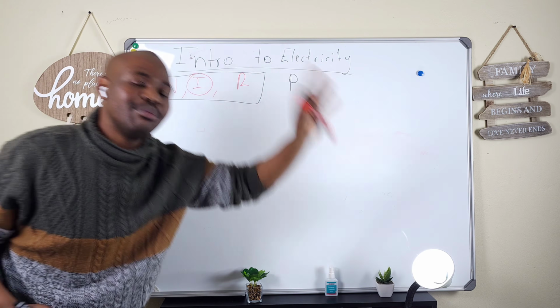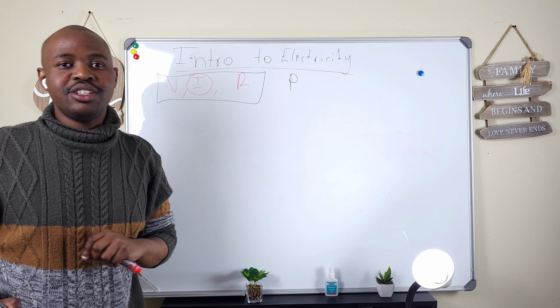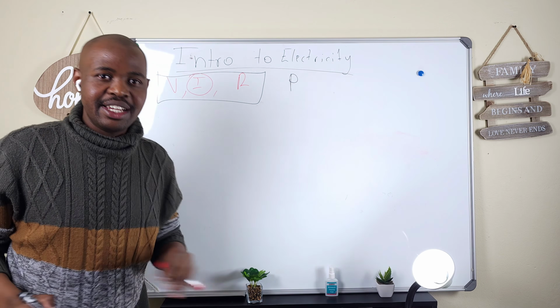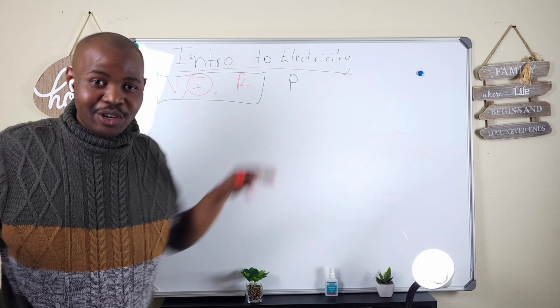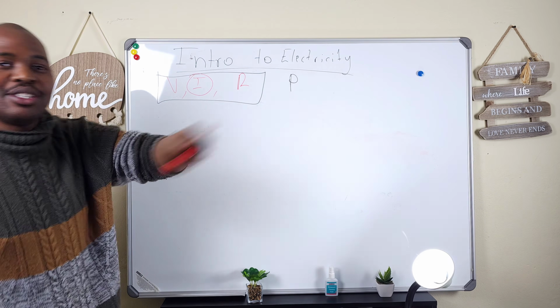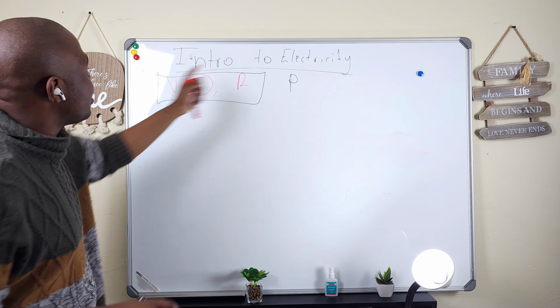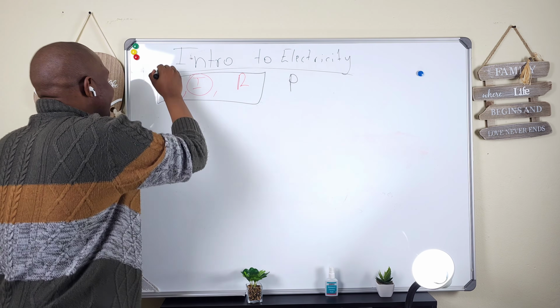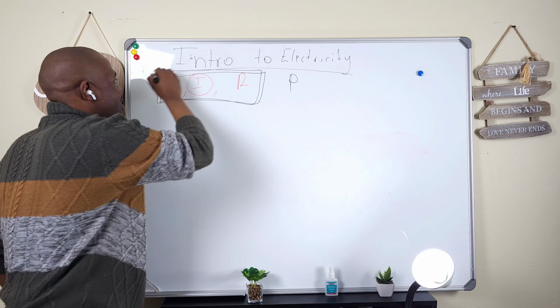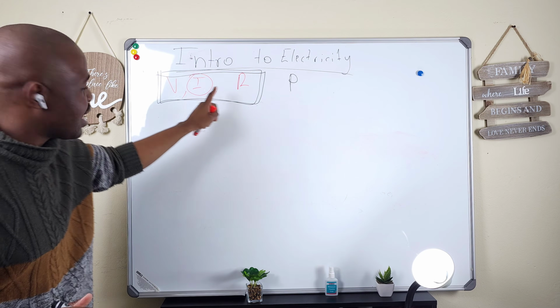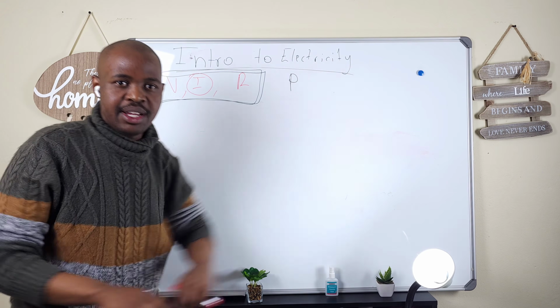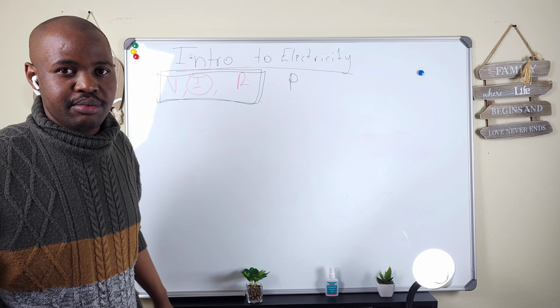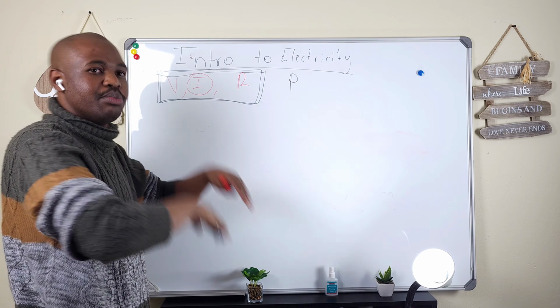Those are the important things that you'll be studying for the entire course. I don't care whether you decide one day to go and do your master's. The things that you'll be learning about in electricity are voltage, current, resistance, and power. Full stop. Okay? That is what you'll be calculating.